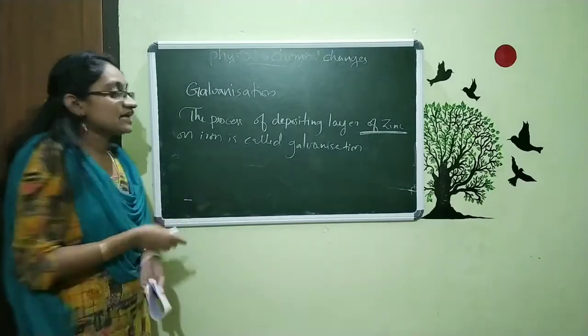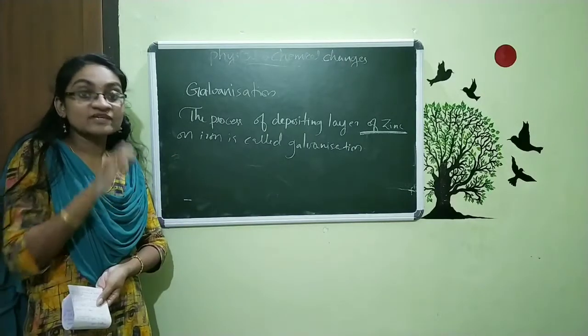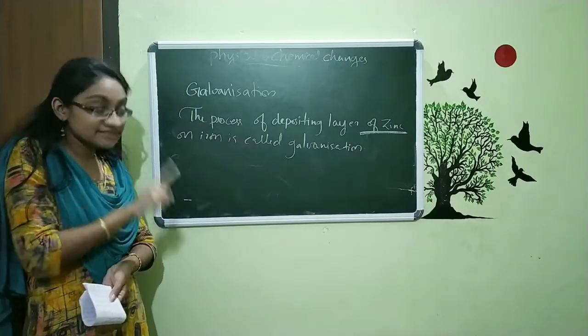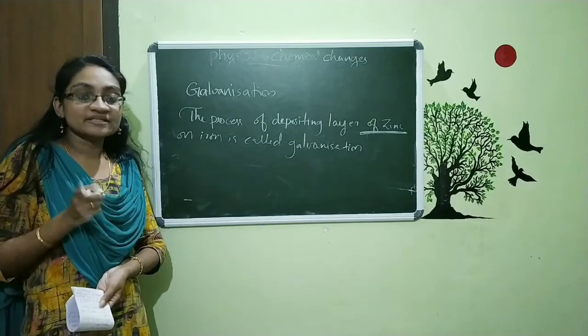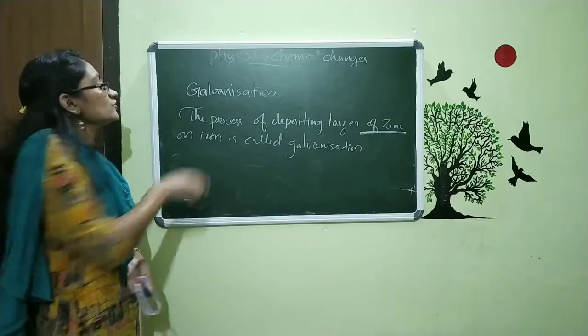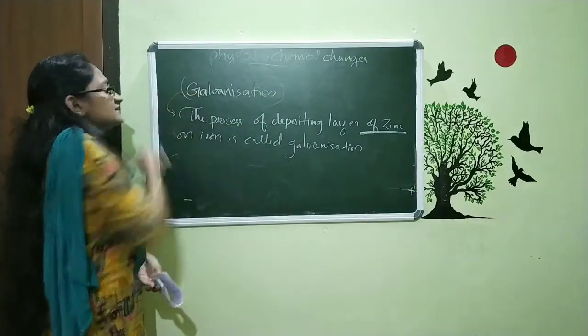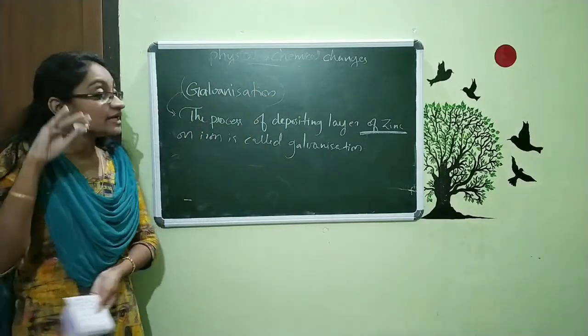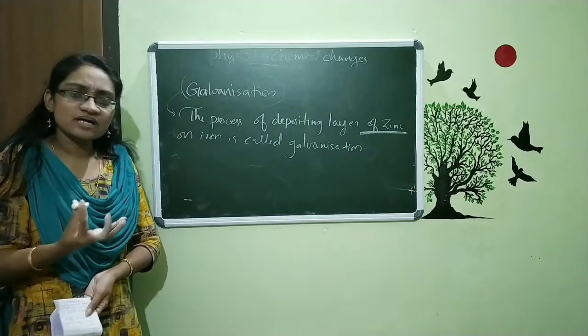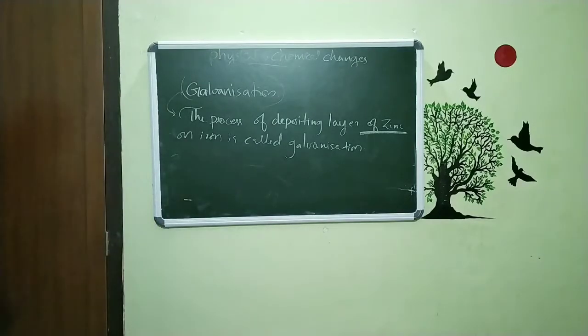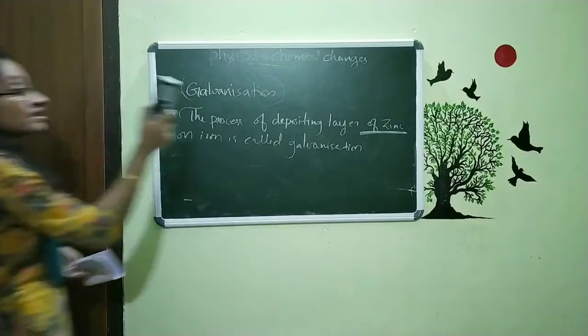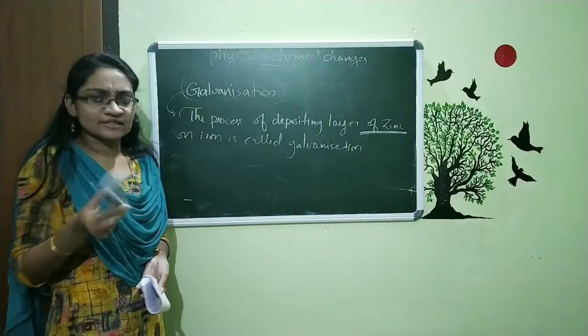This is very important. We use galvanization in our homes in the water pipes. We galvanize those pipes to avoid rusting. So you want to remember this term galvanization and its definition. Very simple. It is the process of depositing a layer of zinc on iron. So that's galvanization, and we can see that zinc coating in our water pipes.